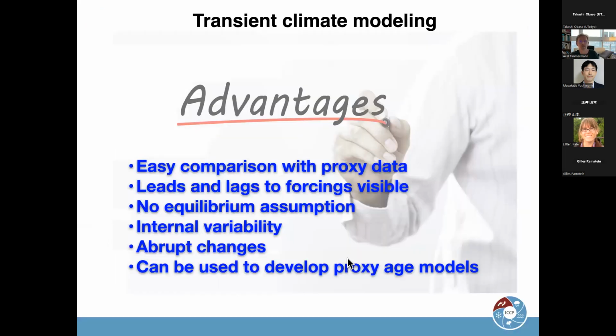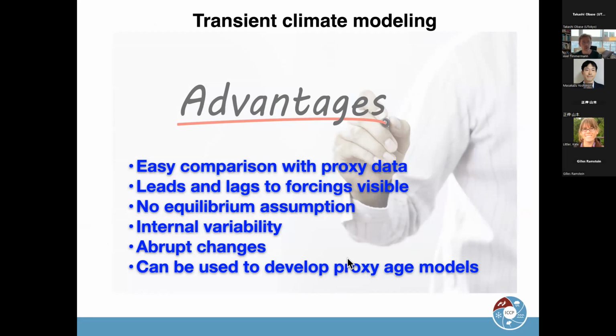So what is the advantage of transient climate modeling? Quite easy. We can compare the simulations directly with proxy data in time. We can understand leads and lags to forcings and other locations as well. We don't make any equilibrium assumptions necessarily. We can study internal variability such as El Nino, how that changes in response to these forcings in a transient way.